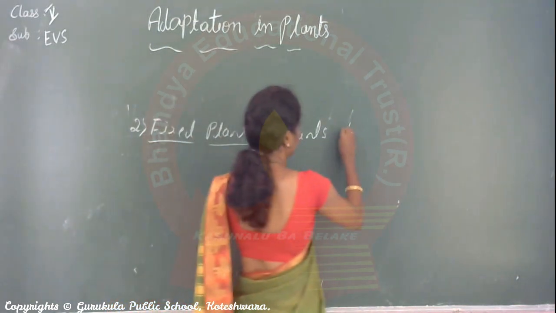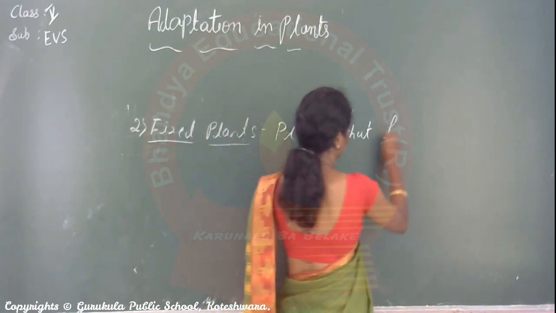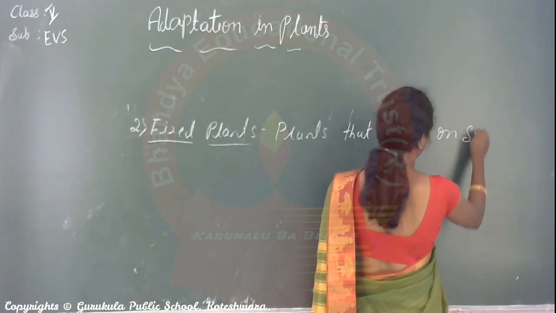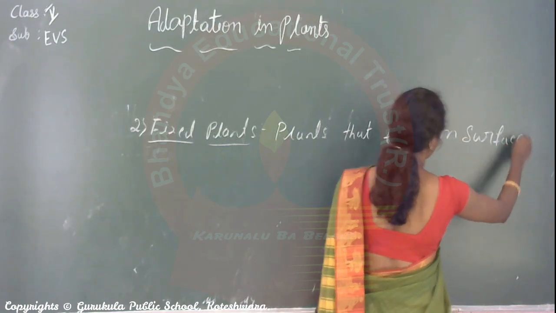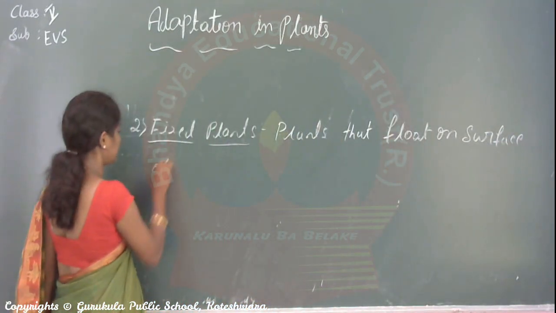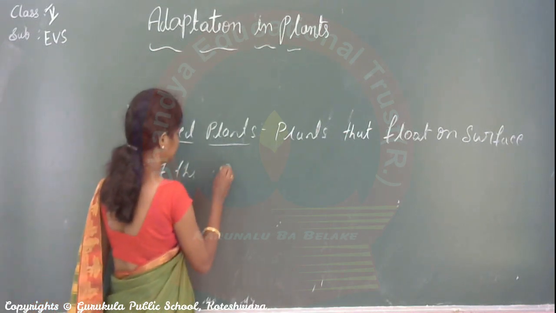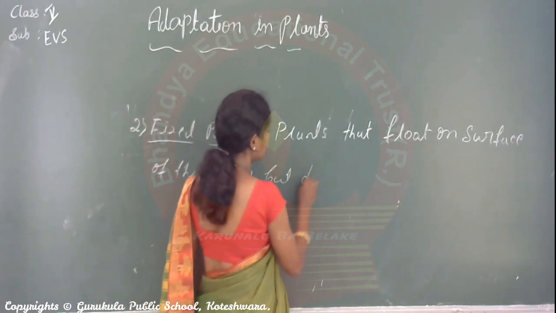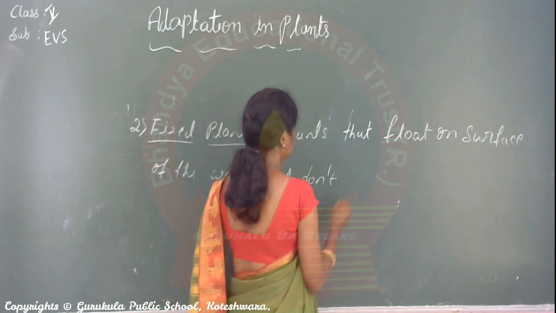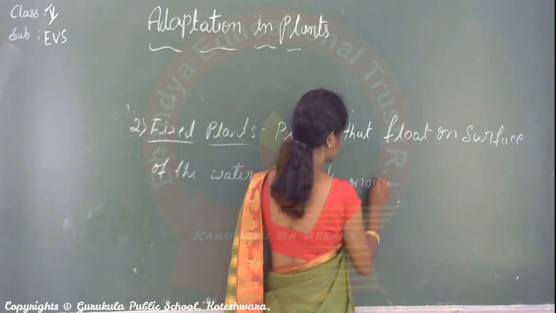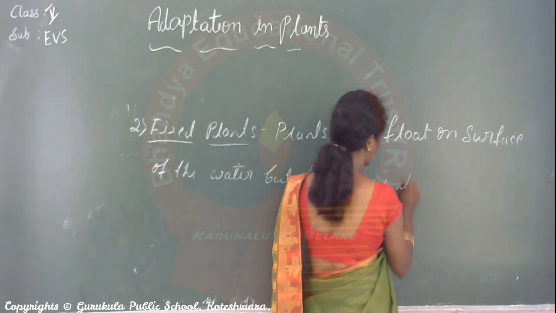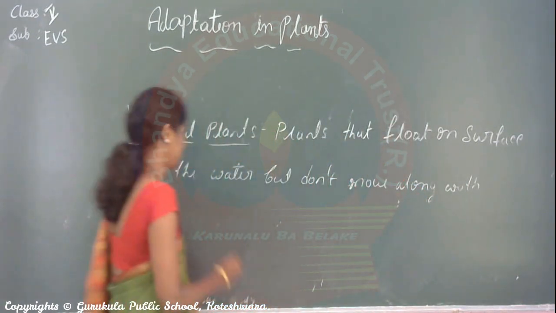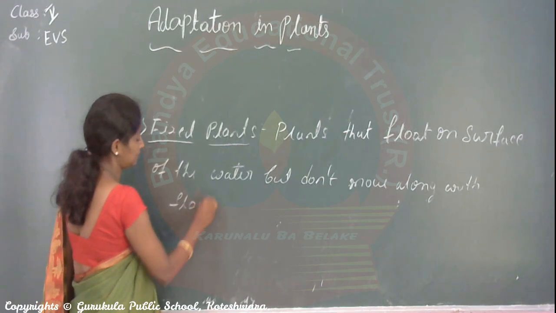So fixed plants float on the surface of the water but do not move along with the flow of water.